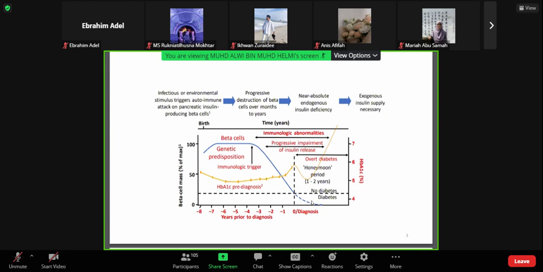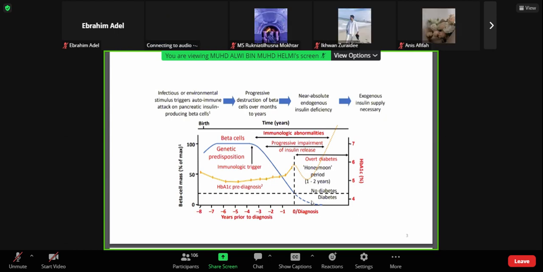In those with genetic predisposition, for example those with HLA-B27, these are the high-risk group where some particular immune response or infection can trigger an immunological response against the beta cells of the pancreas.